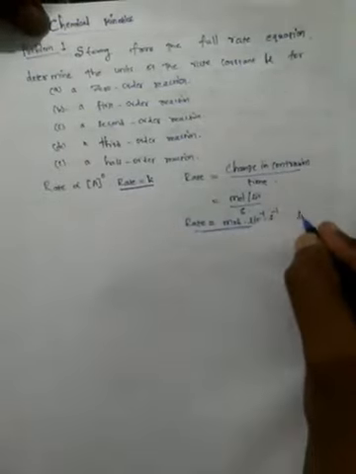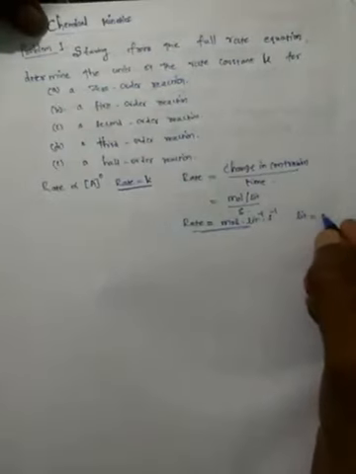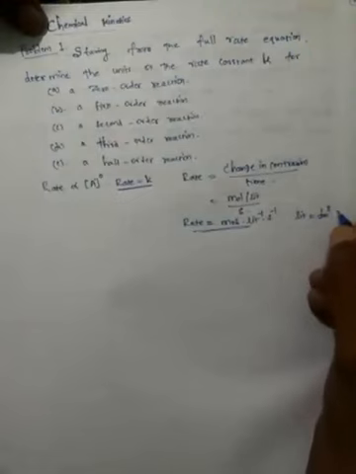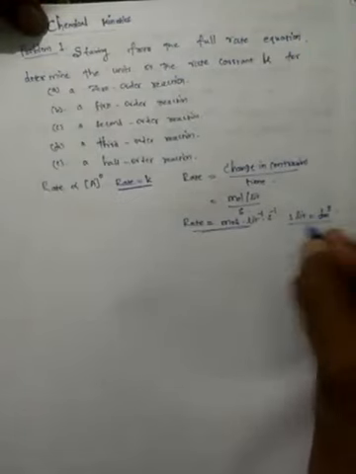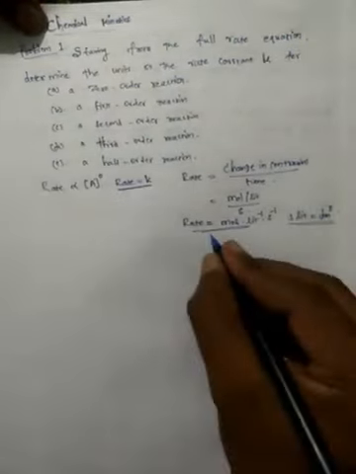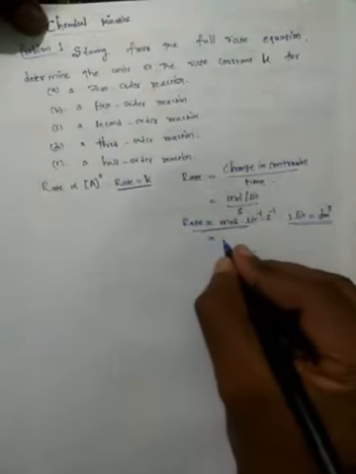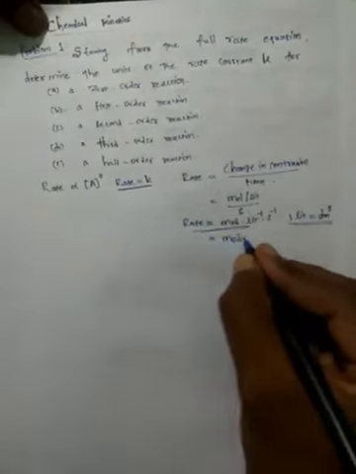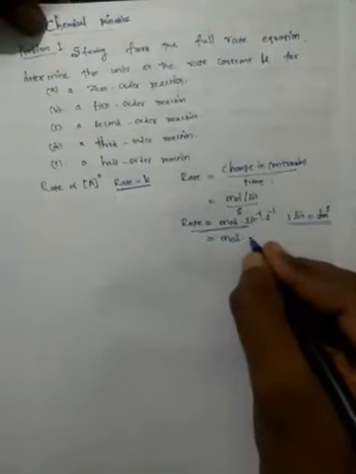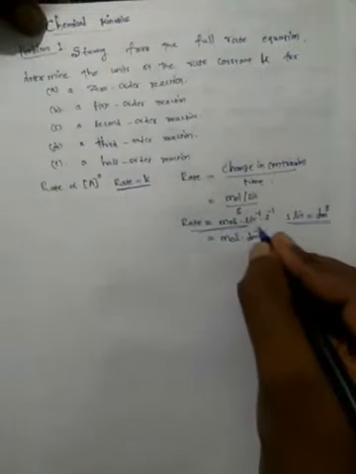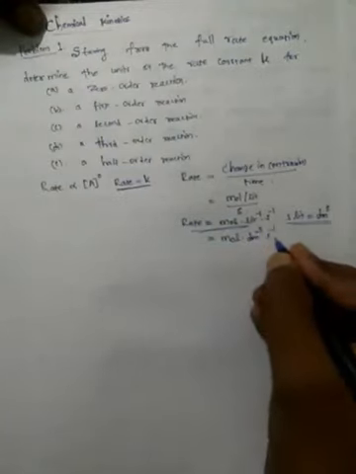And we know that 1 liter is equal to 1 decimeter cube. Therefore, the unit of rate is also written as mole per decimeter cube per second.